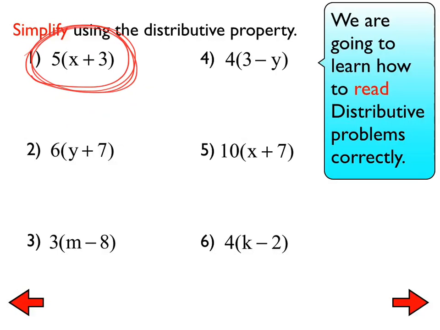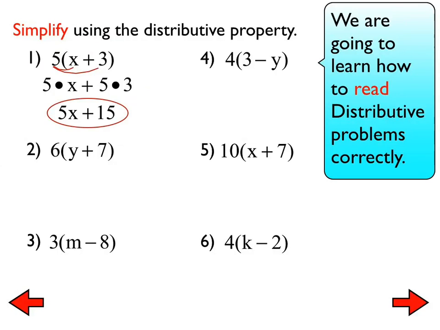That's 5 times the quantity. Every time we have parentheses around something, that's the quantity. So 5 times the quantity of x plus 3, and that is equal to 5x plus 15.